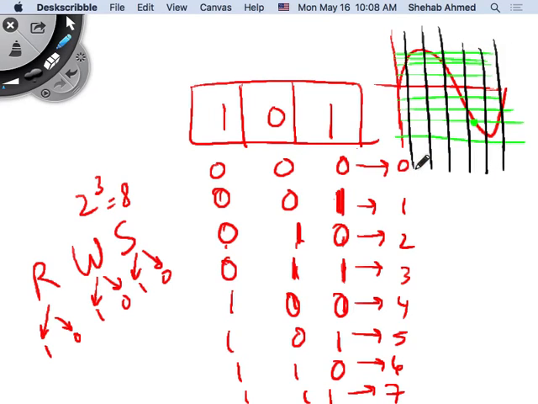Let's say the period of the clock is 5 milliseconds. So every 5 milliseconds I will do a calculation, or a measurement, or something, only every 5 milliseconds.